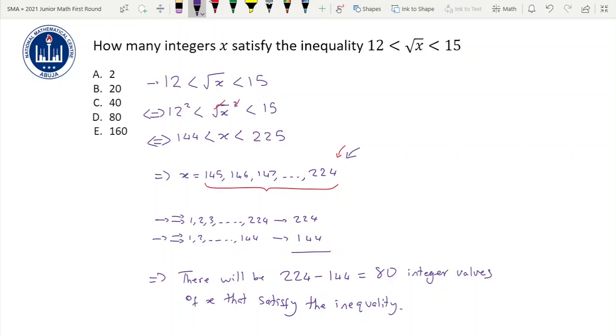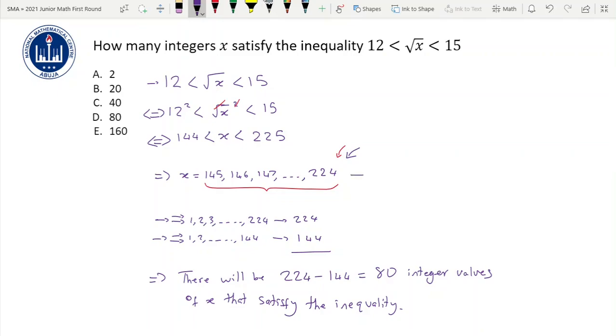To do that, it's as simple as doing 224 minus 144. Since there are 224 numbers from 1 to 224, and the first 144 of them, that's 1 to 144, are not included, there will be 224 minus 144, which is 80 integer values that satisfy this.